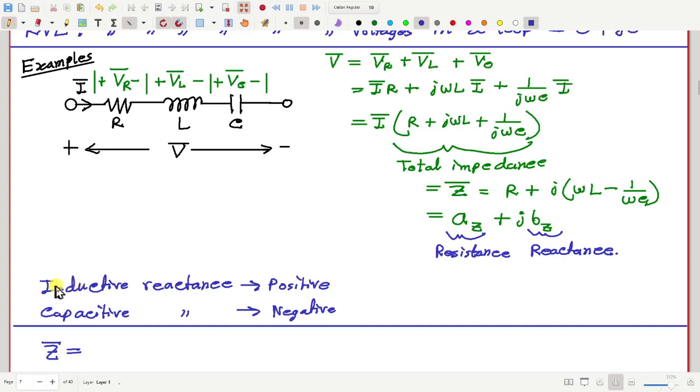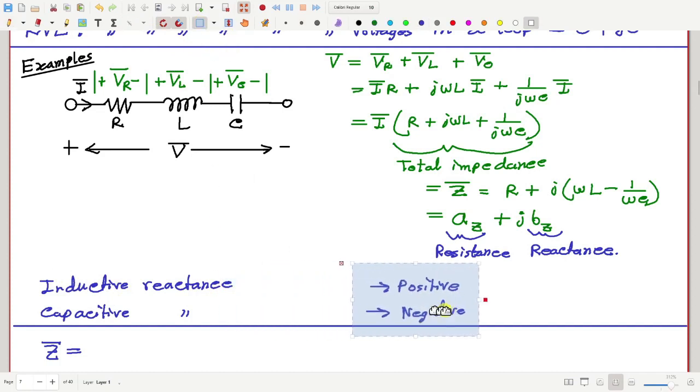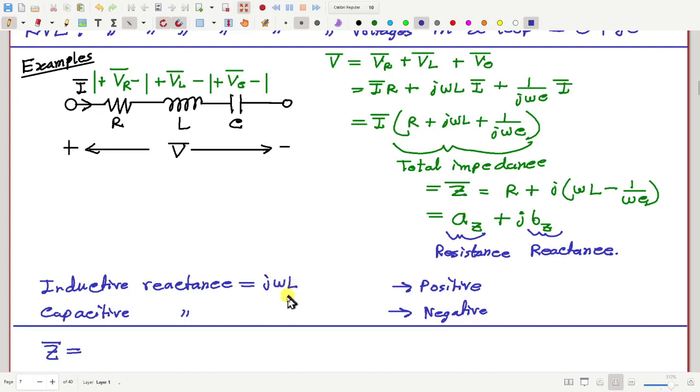Yeah, so the inductive reactance or inductive impedance is how much? If you have an inductor, then its reactance or impedance is j omega L. By positive I mean, if you ignore the j part, then this omega L part is positive.